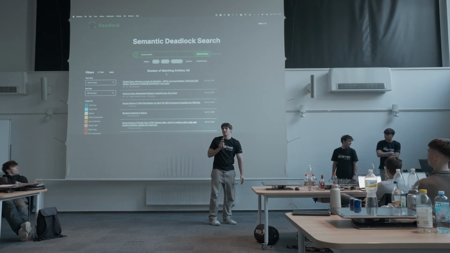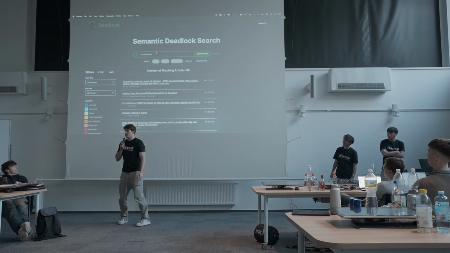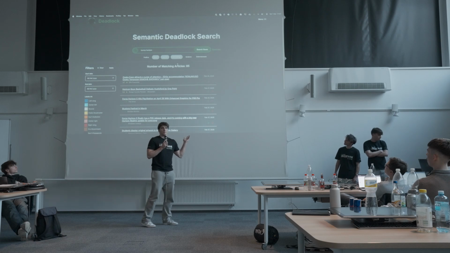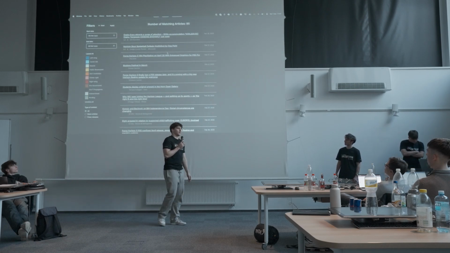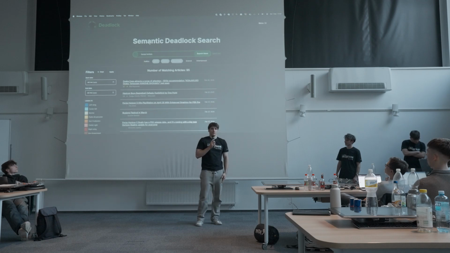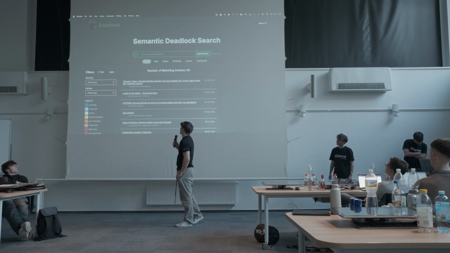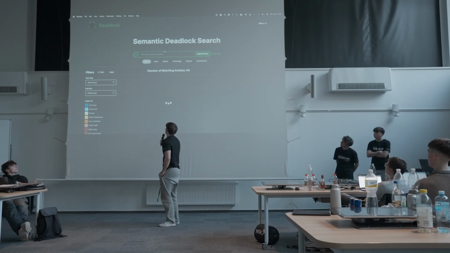Yeah, I play games a lot, and one of my favorite games is Forza Horizon. As you can see, you can just search it up, and it will give you many results which are connected to the game. Yeah, this is basically the category system I told you about.